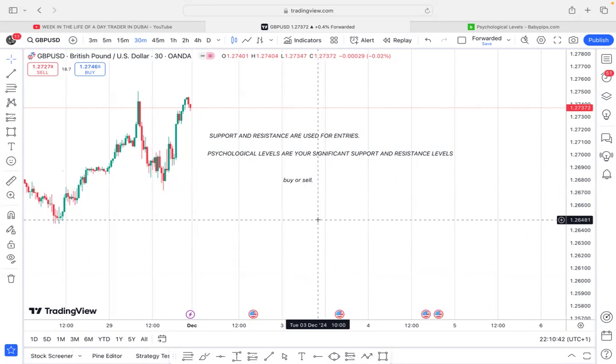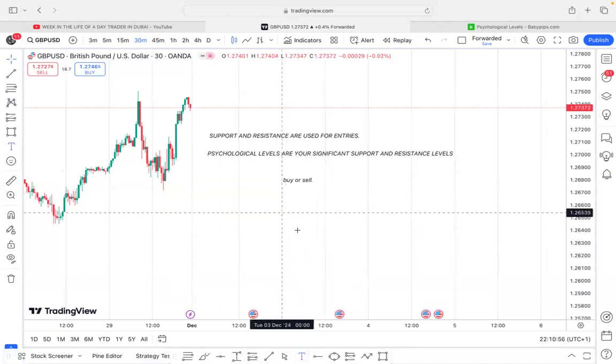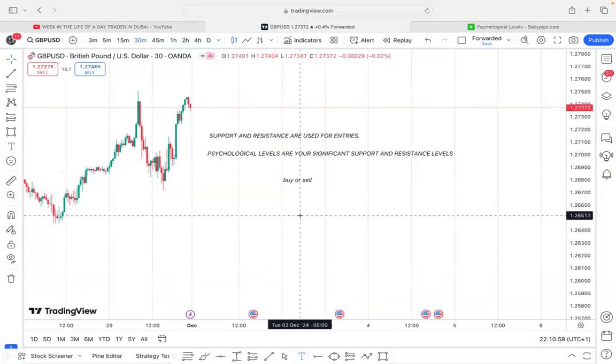Psychological levels are whole numbers. For example, let's say you walk into a bank right now and you want to withdraw money from your bank account. The bank is not going to give you anything less than a whole number. The bank cannot just give you 500 naira. They have to start from a rounded number like 1,000 naira, because that's our currency, 2,000 naira, 3,000 naira.